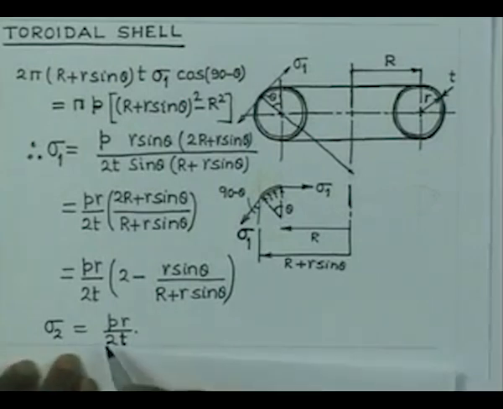The hoop stress remains constant like a cylindrical shell, but the axial stress changes from point to point on the circumference of a cross section. It is very important to note the variation of the stress, and then you can understand what sort of failure can take place in a torus and how it can be prevented.